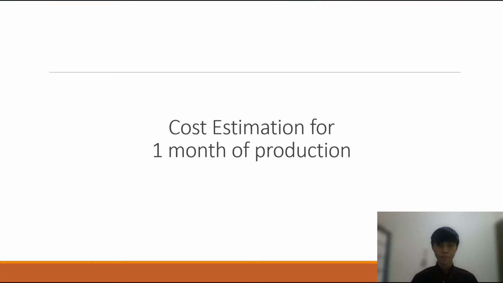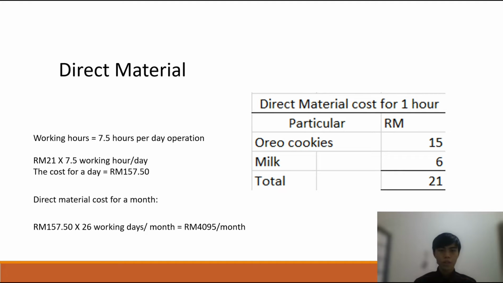And I'm going to present about cost estimation for 1 month of production. Now I'm going to show you the direct material cost for 1 hour. The normal working hours for our labor is 7.5 hours.